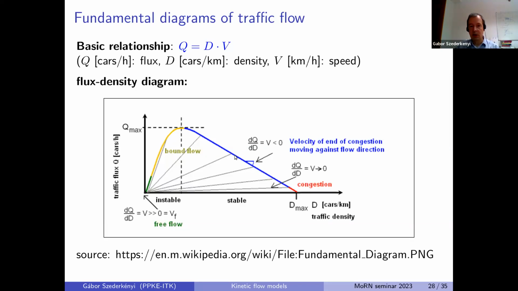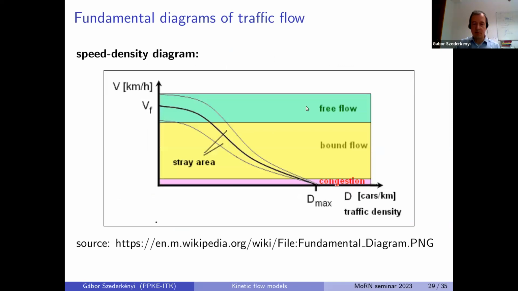And after this, we go to the total congestion, which is basically a traffic jam. This is the important diagram for us. Another one which we won't really use is the speed density diagram.